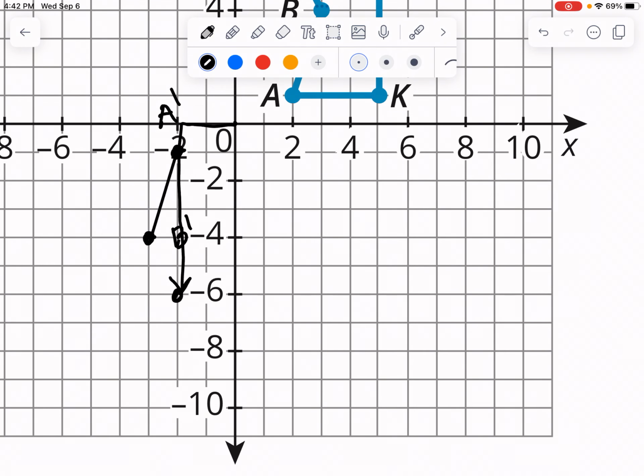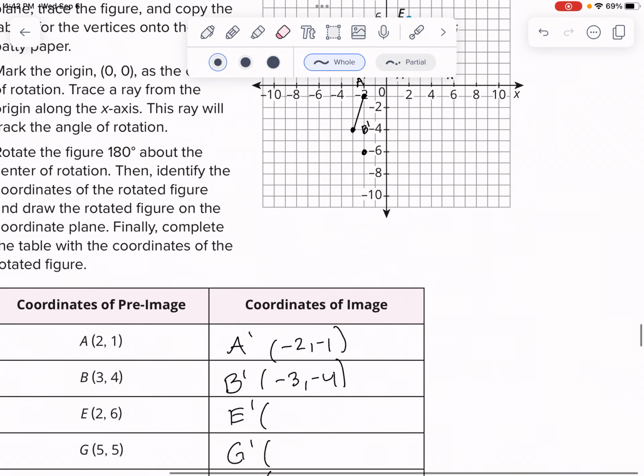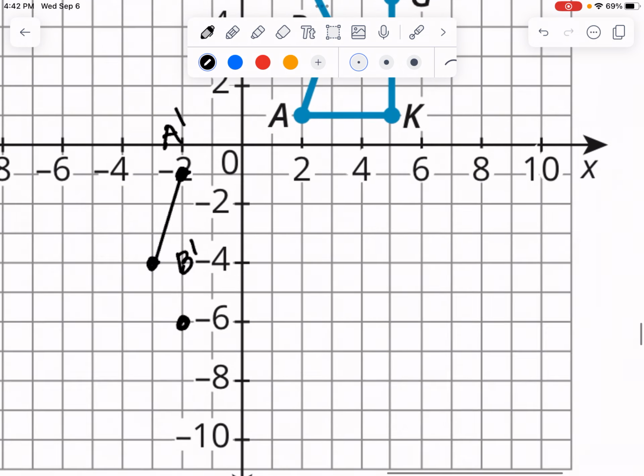So it is right over here, and that is the point -2, -6. All right, let's connect it.